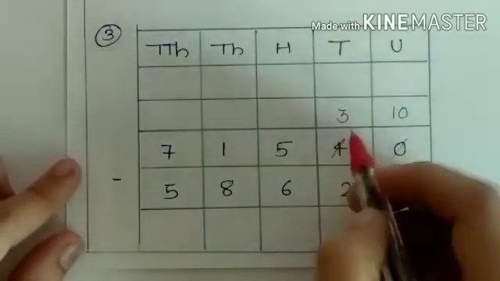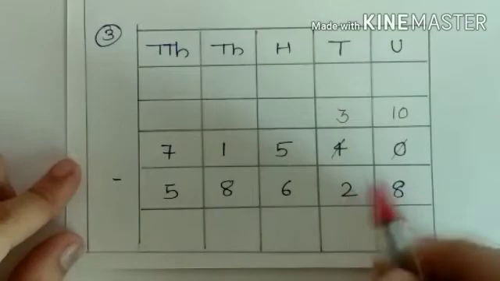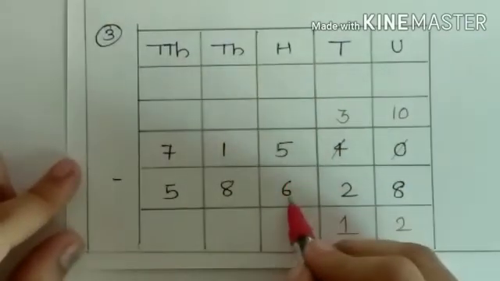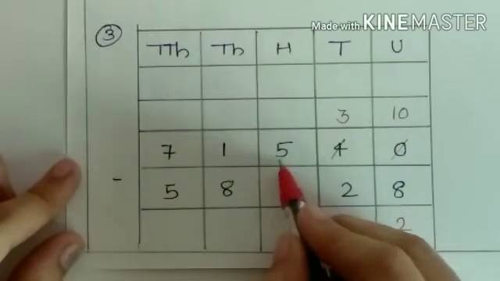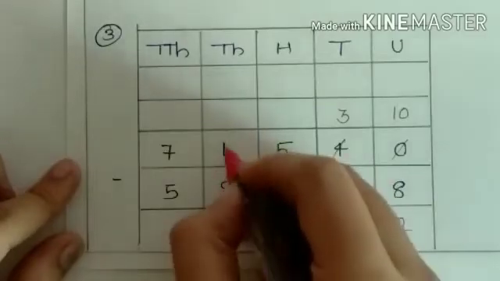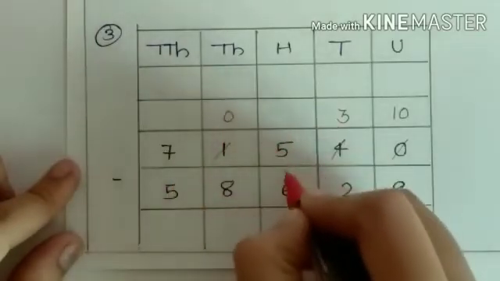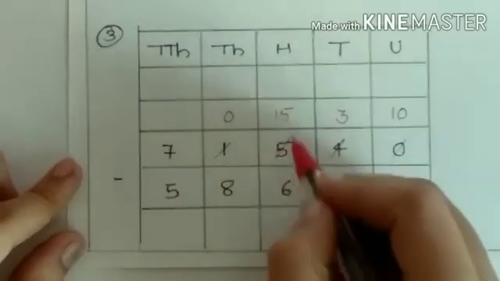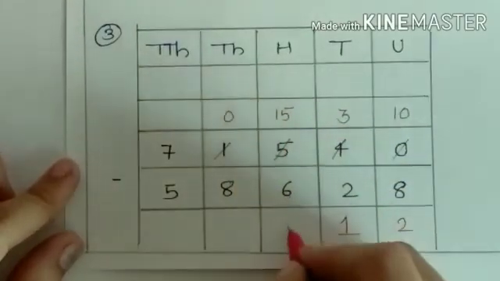Now in the tens place, 3 minus 2 is equal to 1. Now in the hundreds place, 5 minus 6, as we cannot subtract 6 from 5, we will borrow 1 from the thousands place. So 1 becomes 0 and 500 becomes 1500. Subtracting 15 minus 6, we get 9.